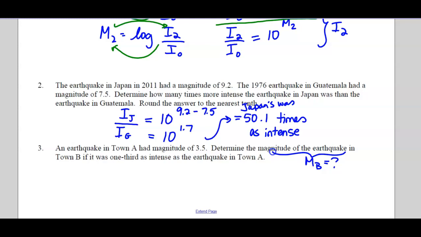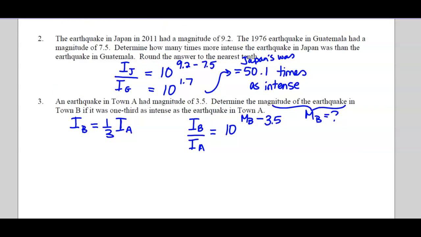And we're comparing intensities. So the intensity of B is 1/3 the intensity of A. Sometimes I write that out and then come up with the ratio. So if I go IB over IA equals 10 to the MB minus MA.